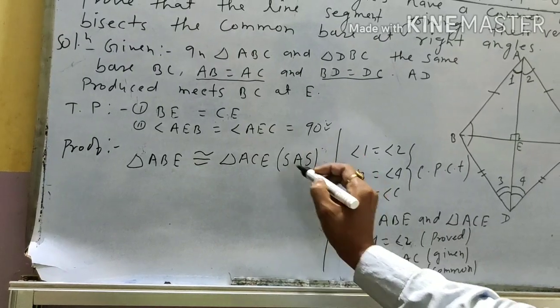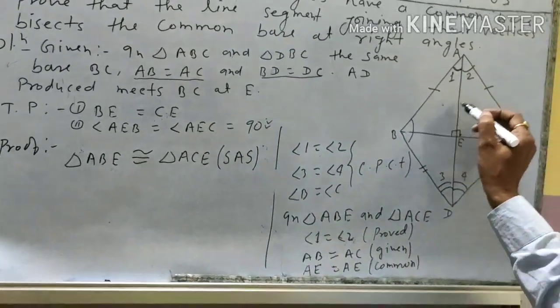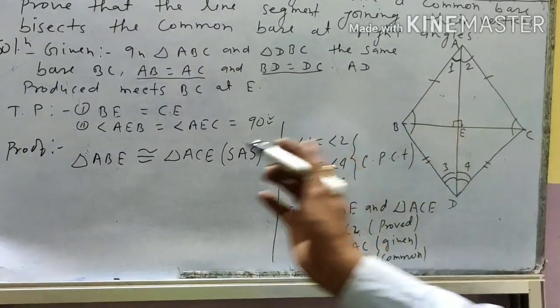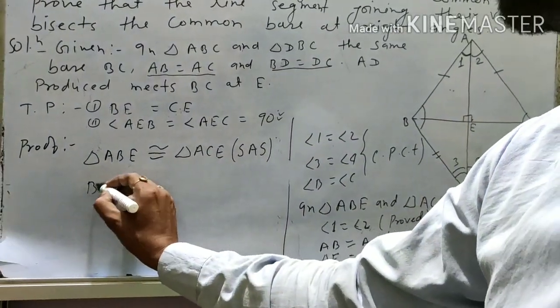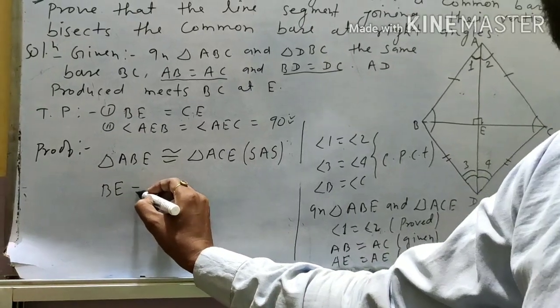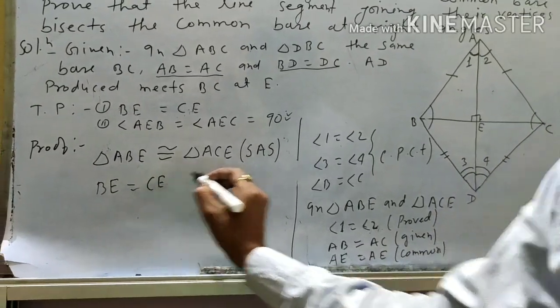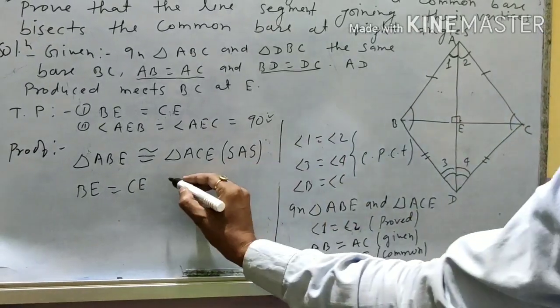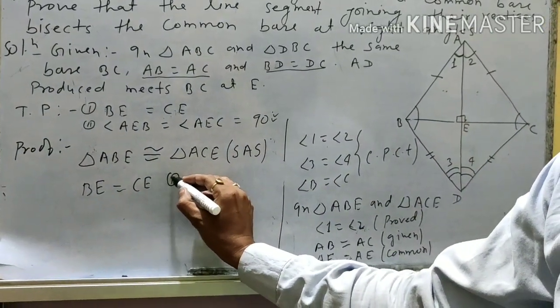Okay. By CPCT, we can write BE is equal to CE, that means this side is equal to this side. This is your first proof.